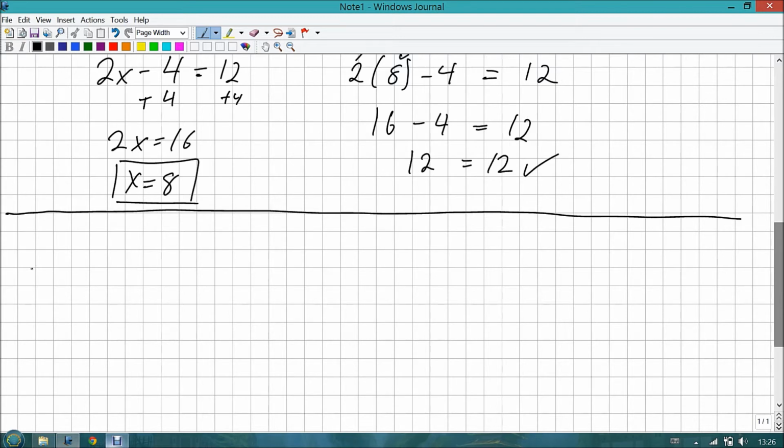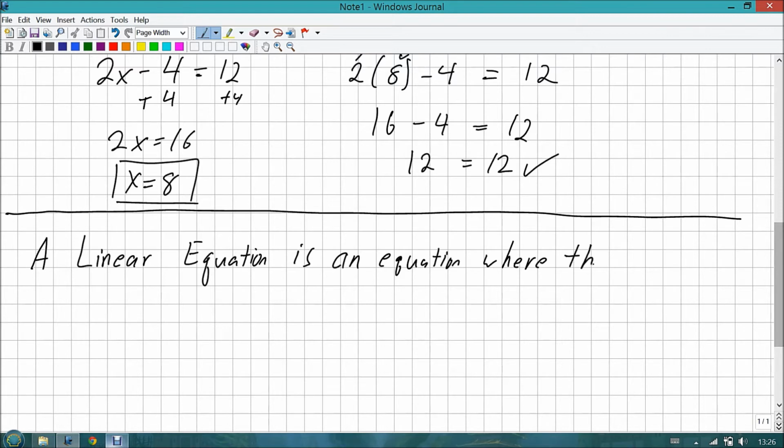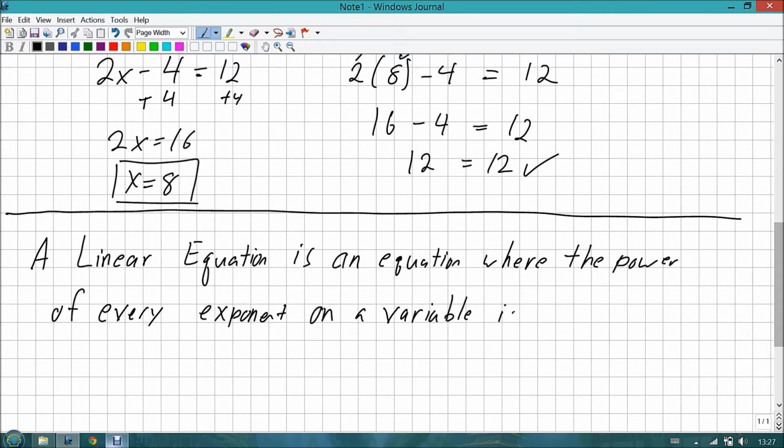So a linear equation is an equation where the power of every exponent on a variable is 1.